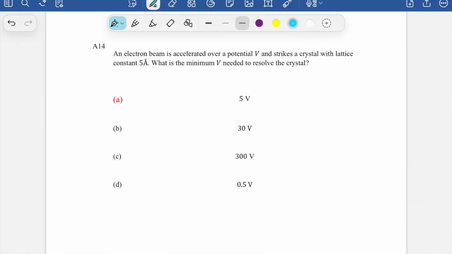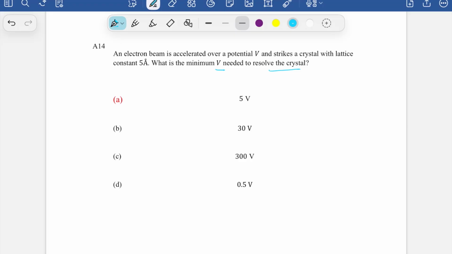Question 14 from section A. An electron beam is accelerated over a potential V and strikes a crystal with lattice constant 5 angstrom. What is the minimum V needed to resolve the crystal?